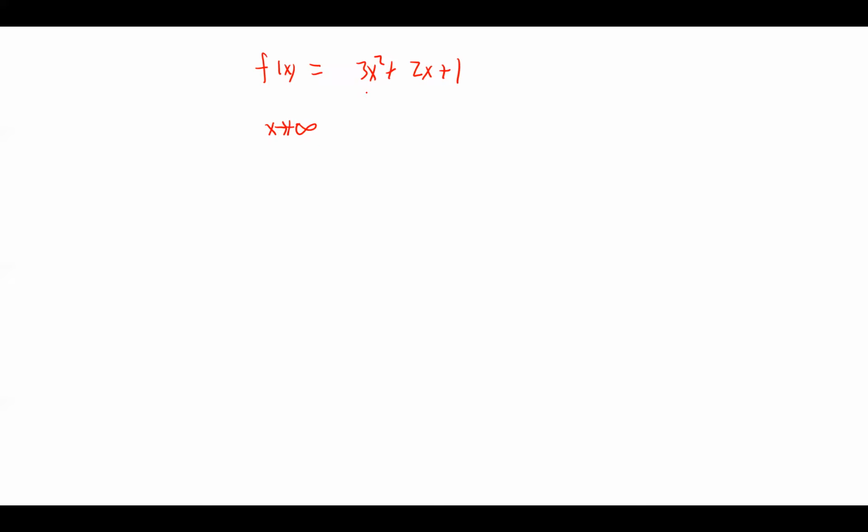We know that this term will go up faster than this term. Both will go up, but this will go up much faster. So when x goes to infinity, this will be approximated by, or almost equal to, just the leading term.